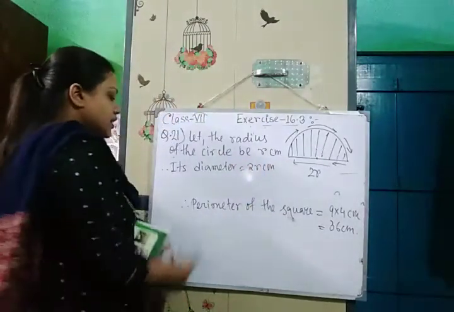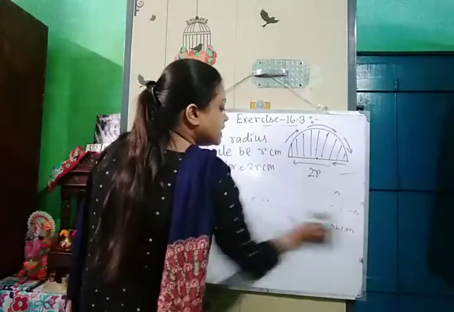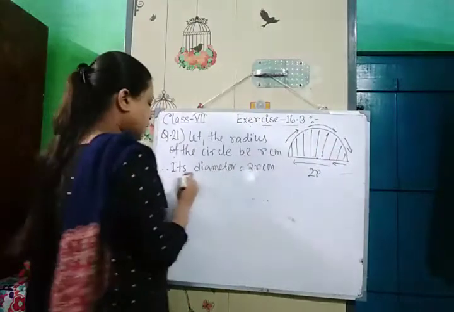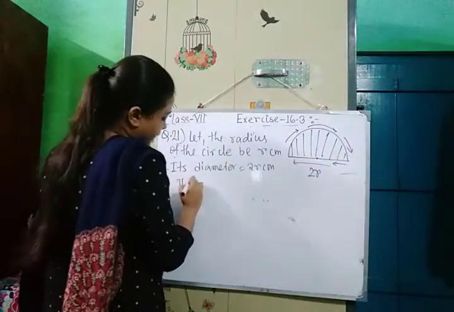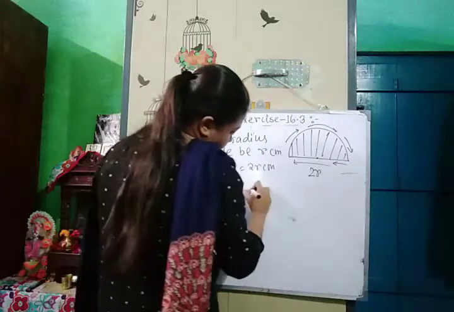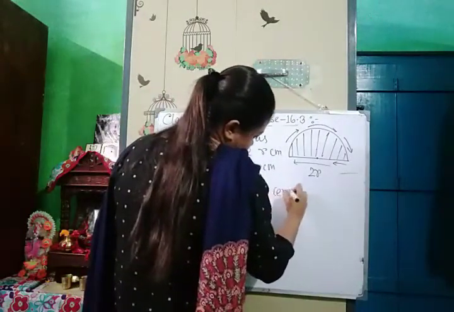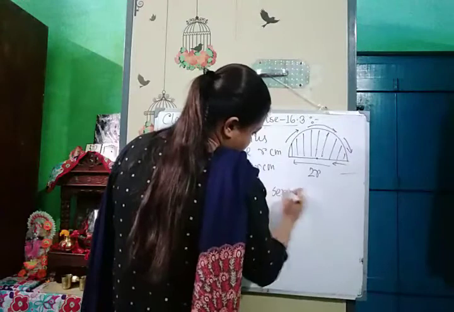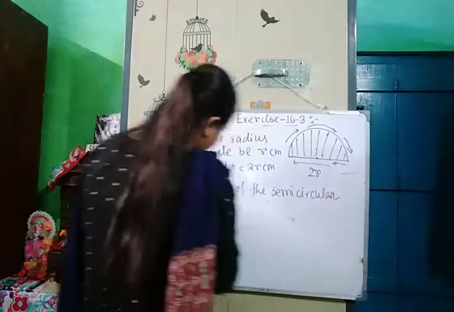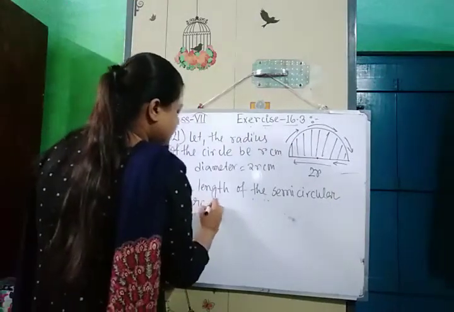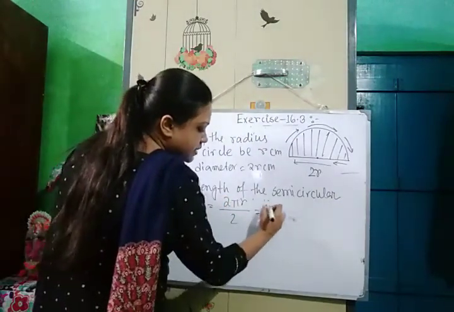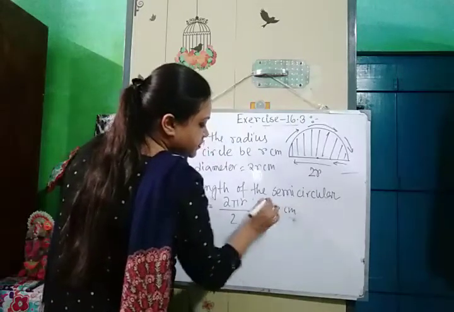Now the length of the semicircular arc is 2 pi r divided by 2, that is pi r centimeter.